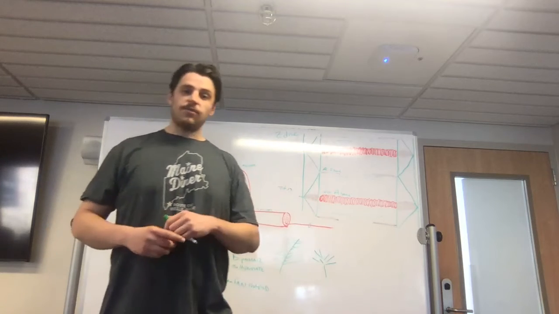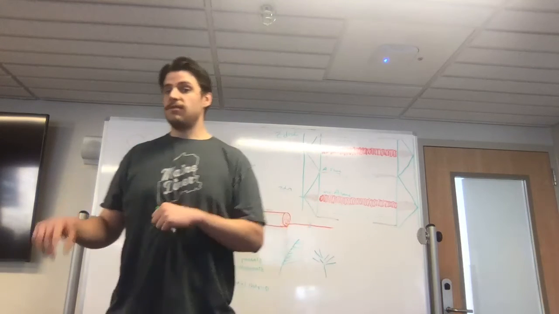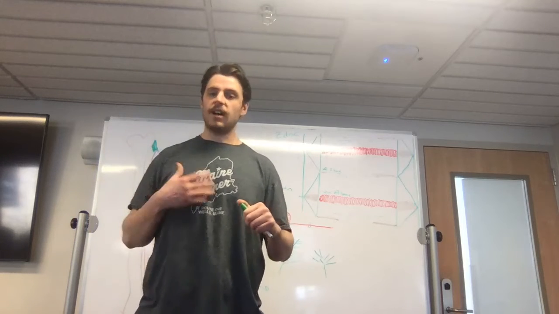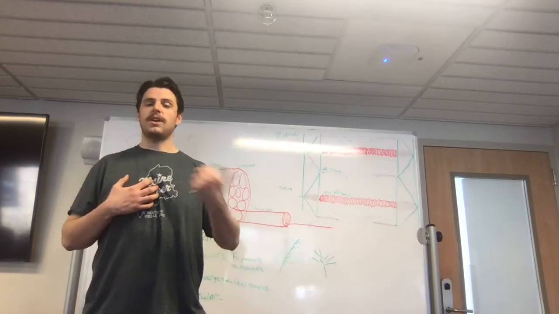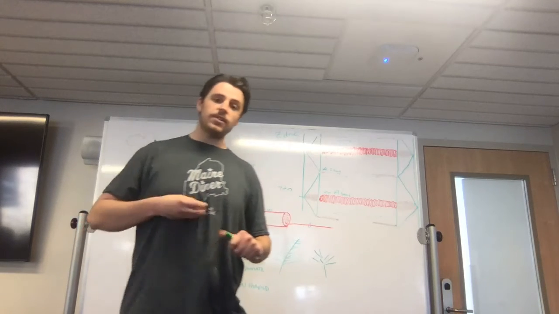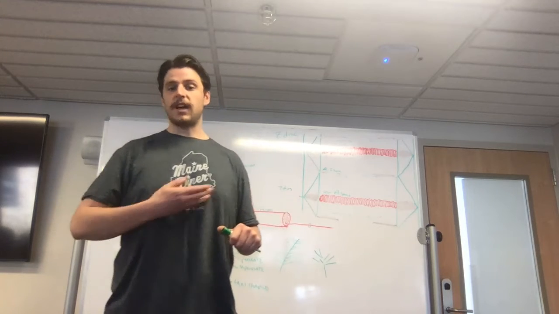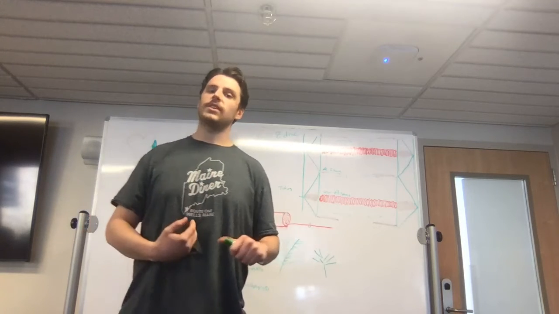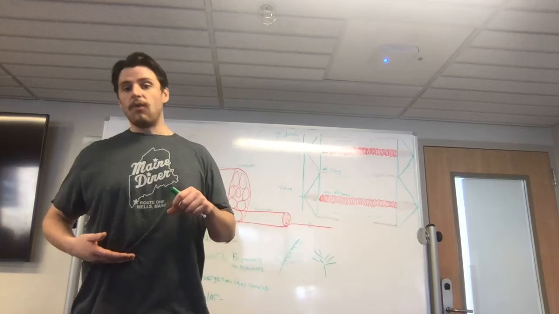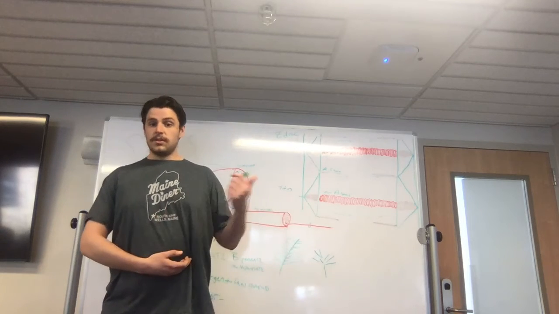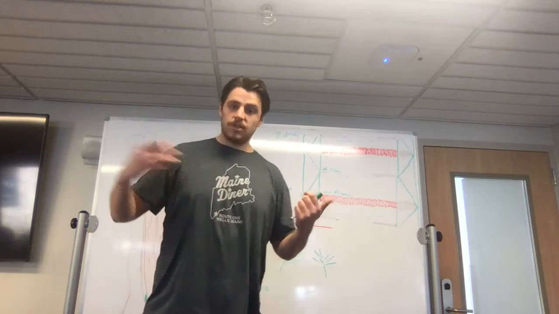Sometimes it just doesn't function that well, or sometimes you eat stuff that's not that good, and then too much acid comes back up into the esophagus and you get heartburn, right? So there is a circular muscle that sits at the top of the stomach that sections off the stomach from the esophagus. And then there's another one right at the edge of the stomach that separates the stomach from the small intestine.